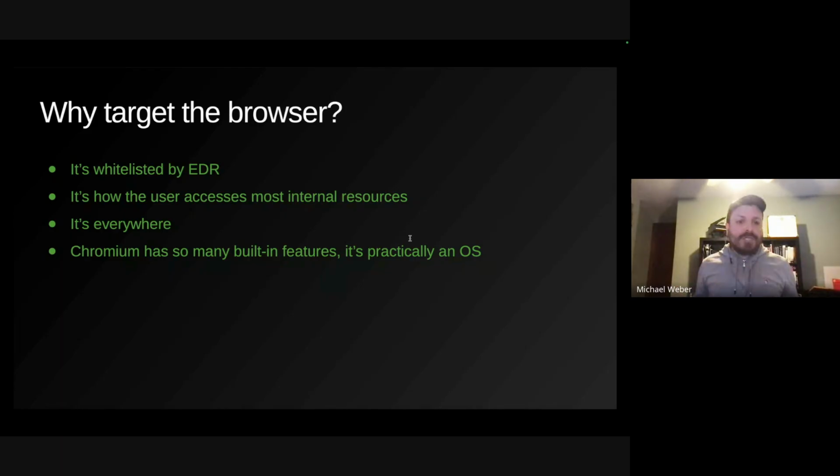And as an added bonus, Chromium is so chock full of features that at this point, it's practically an operating system. So there's a ton of attack surface for someone that wants to weaponize features into something more interesting. Specifically, the features that I'm going to be talking about weaponizing are Chrome extensions and isolated web applications.